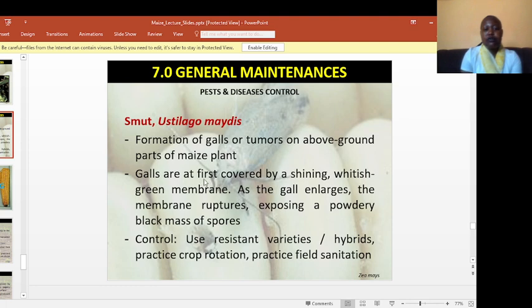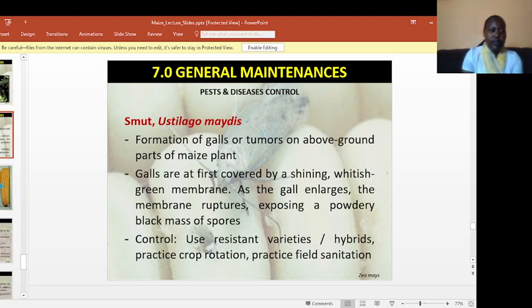Galls are at first covered by a shining whitish green membrane. As the small gall enlarges, the membrane ruptures, exposing a powdery black mass of spores. Control. We use resistant varieties, hybrids, practice crop rotation, and practice field sanitation.